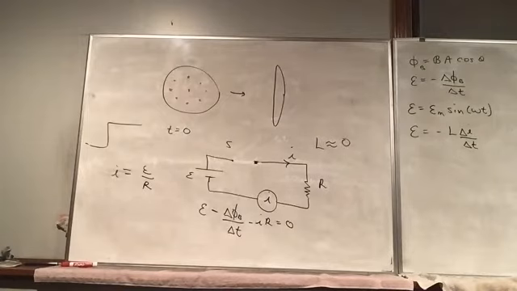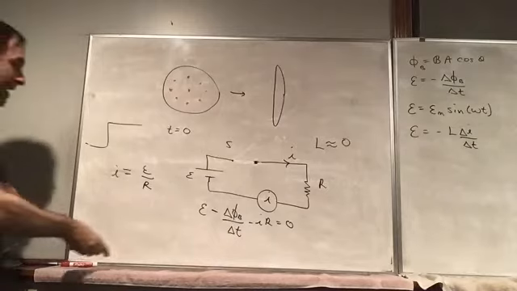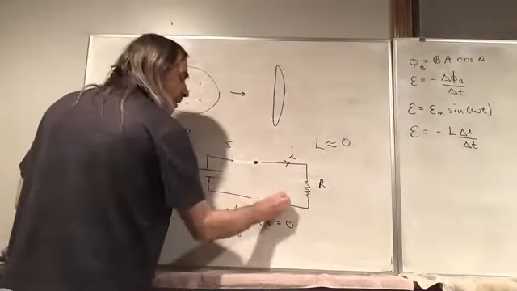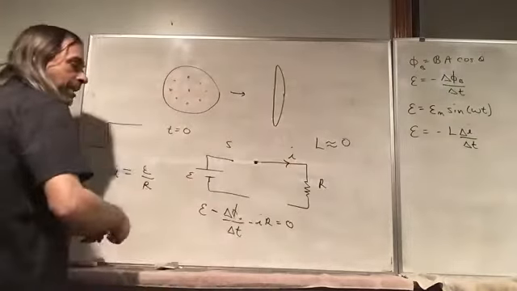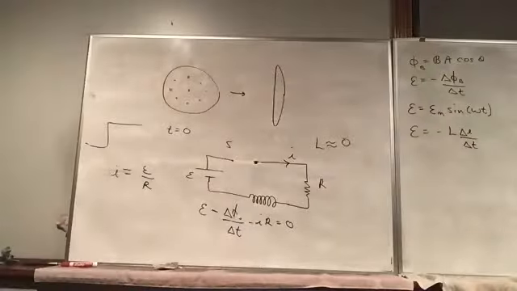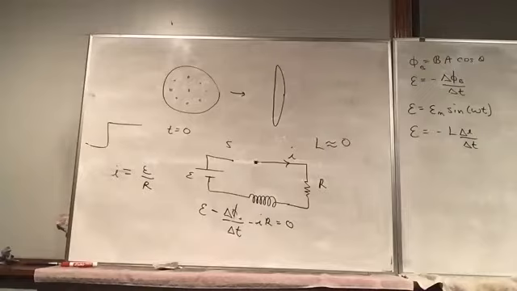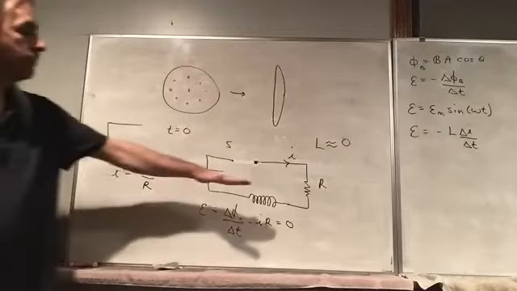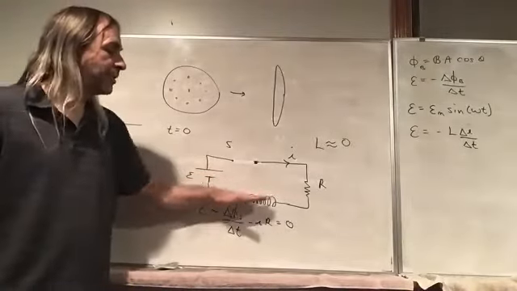So inductance in something like this is a very small term, but we could create a device that would have significant inductance, and that would be putting a solenoid in the circuit. The reason that solenoid would have a significant effect is that we know the magnetic field is parallel to the axis of the solenoid.